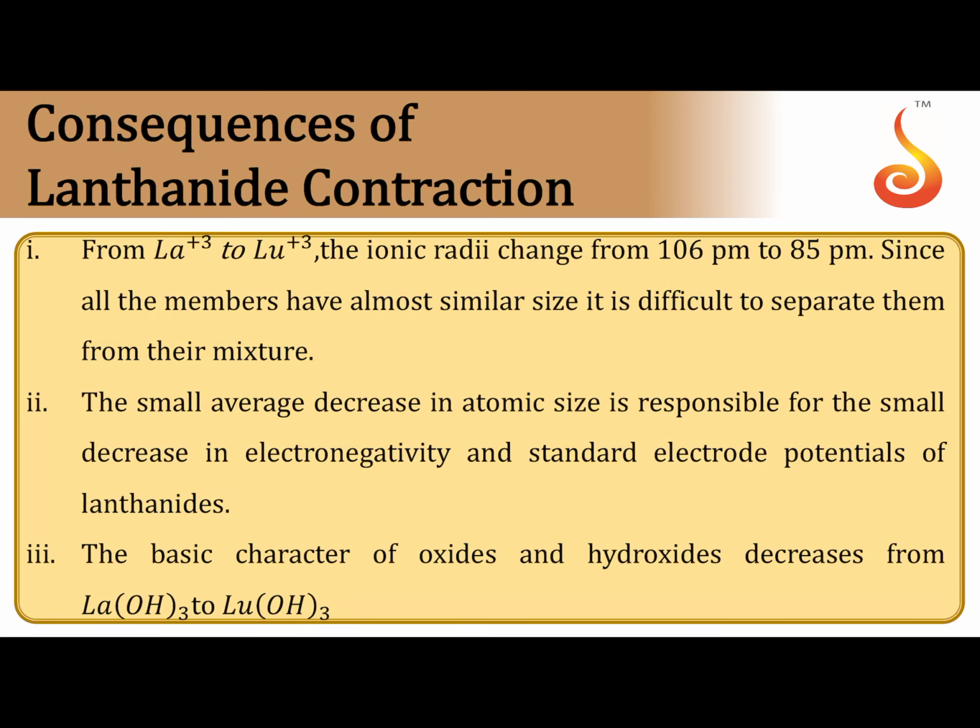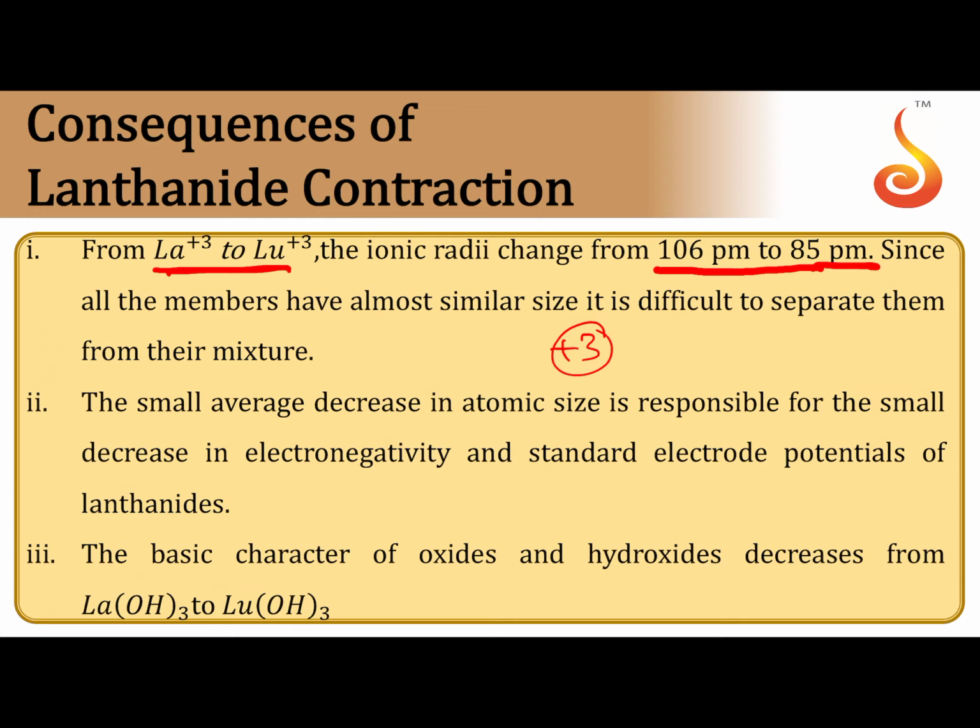Consequences of lanthanoid contraction: from lanthanum +3 to lutetium +3. D block and F block elements generally exhibit the common oxidation state +3. From lanthanum +3 to lutetium +3, the ionic radii change from 106 to 85 picometer.